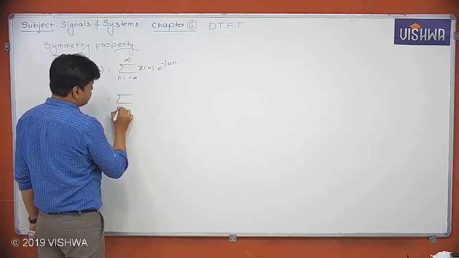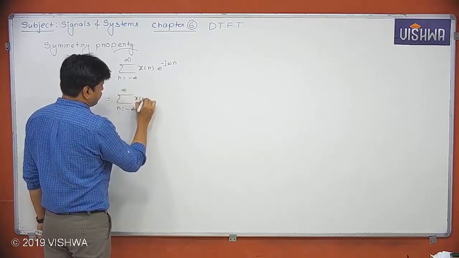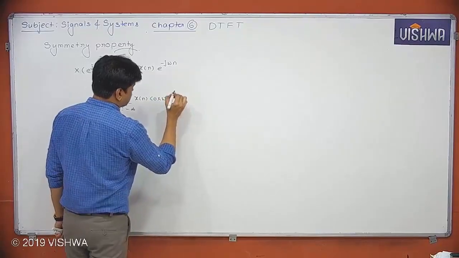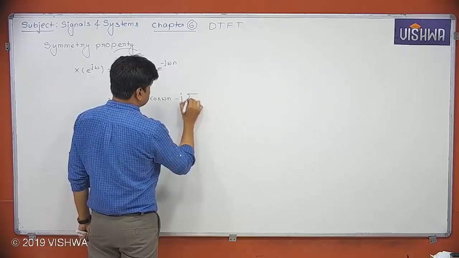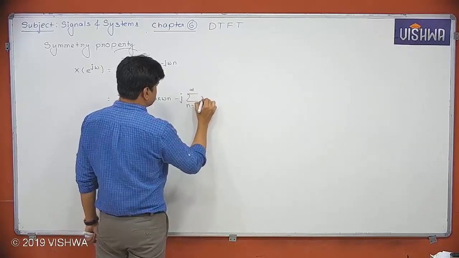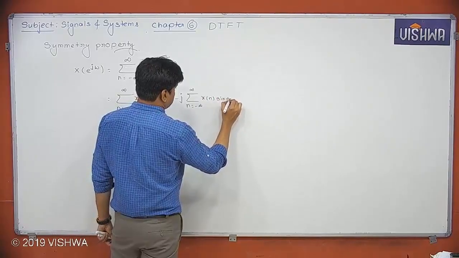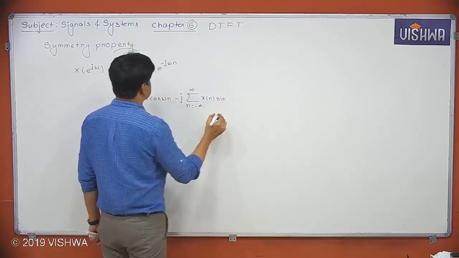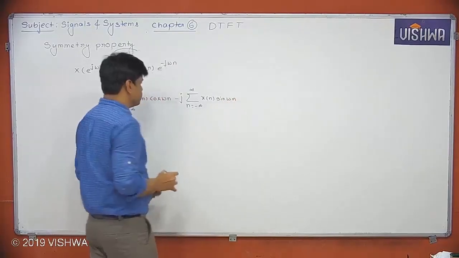Summation n equals minus infinity to infinity x of n cos omega n, minus j summation n equals minus infinity to infinity x of n sin omega n.